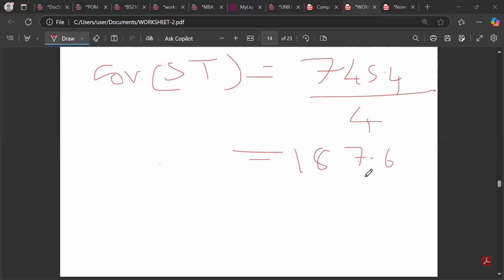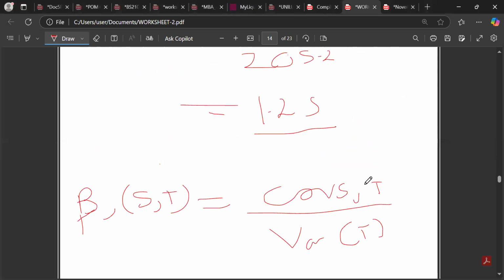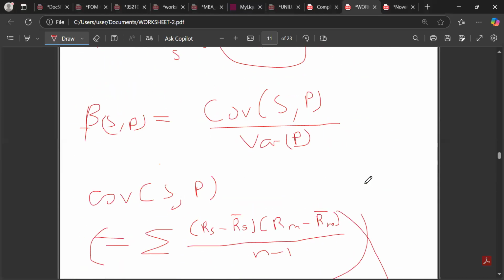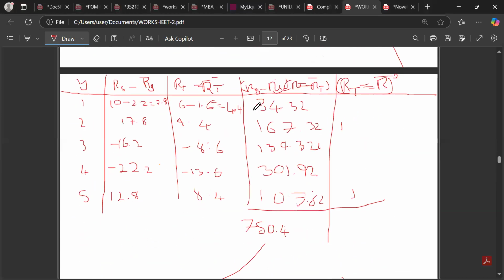So we've obtained this covariance. Let's now find the variance. We go back to the same table and simply square the figures. 4.4 squared gives us 19.36. 9.4 squared gives 88.36.